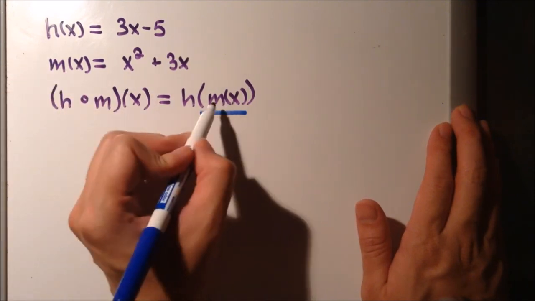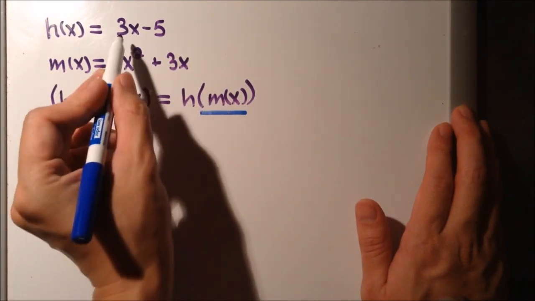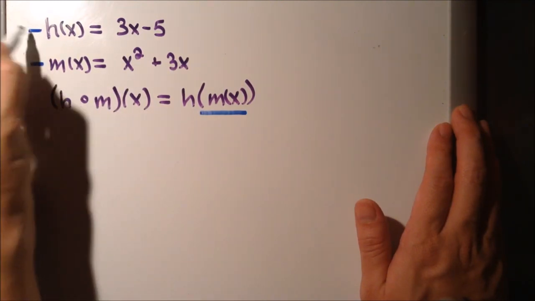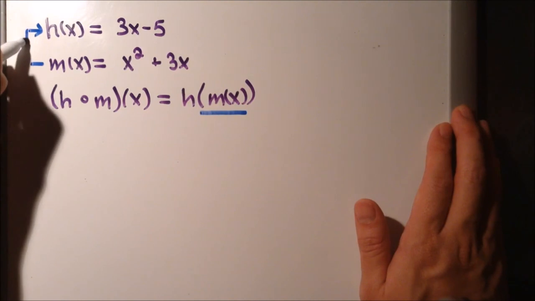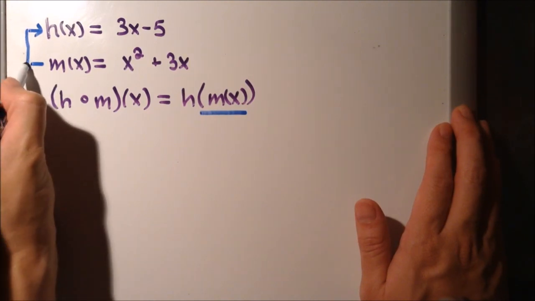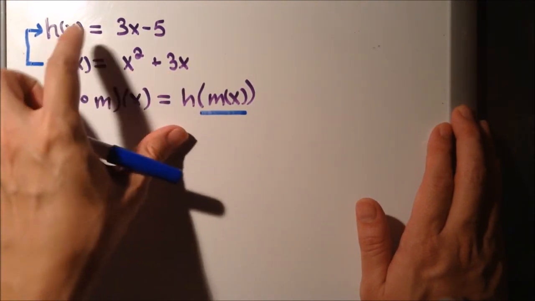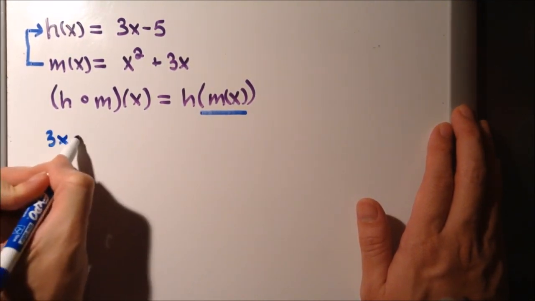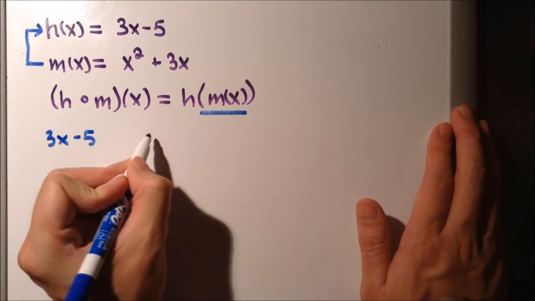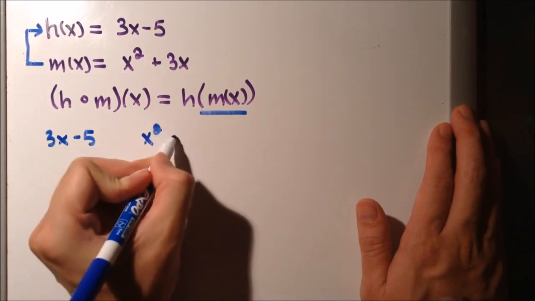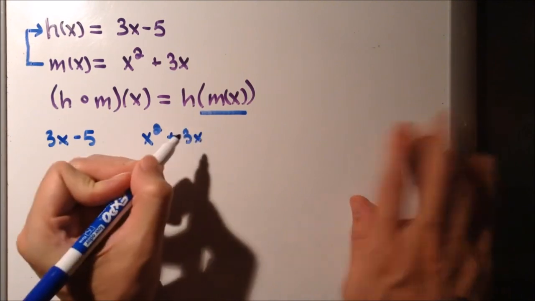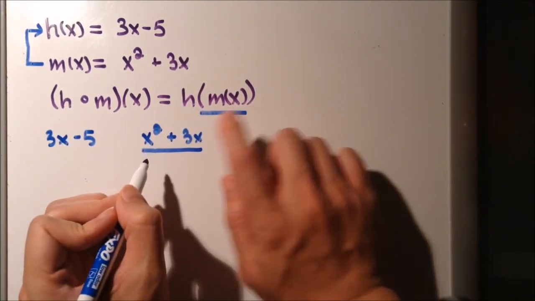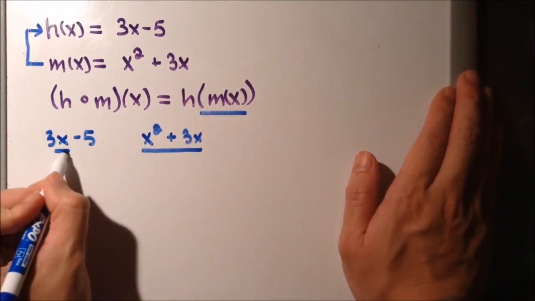So I write 3x minus 5 and x squared plus 3x. M of x, this whole thing, is inside of h of x, so it's going to go into this x.